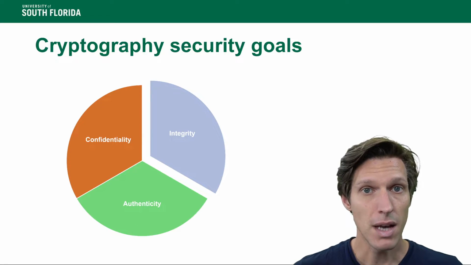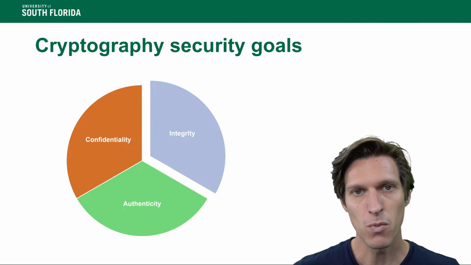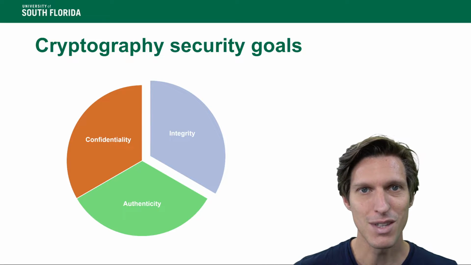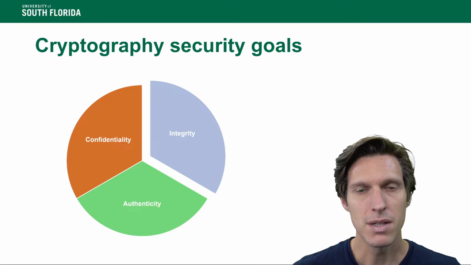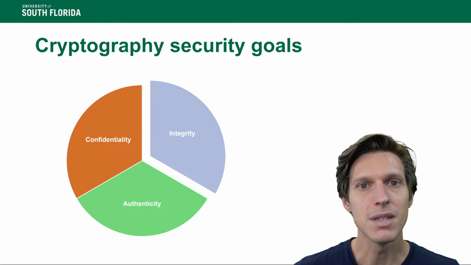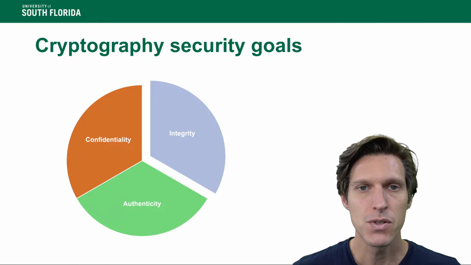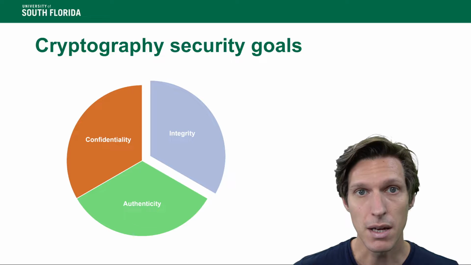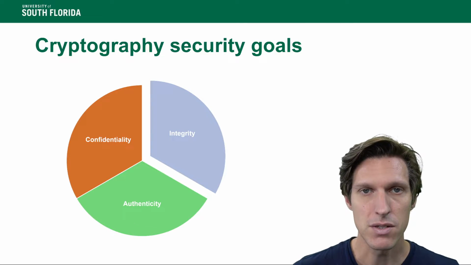There's one way of phrasing the goals of cryptography that could also fit the acronym CIA, but with slightly different meanings. This time it would be confidentiality, integrity, and instead of availability, we're talking about authenticity. So what do they mean? Again, confidentiality means that your data is hidden from the people who are not supposed to have access to it.